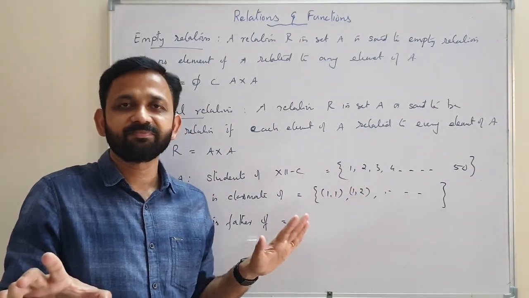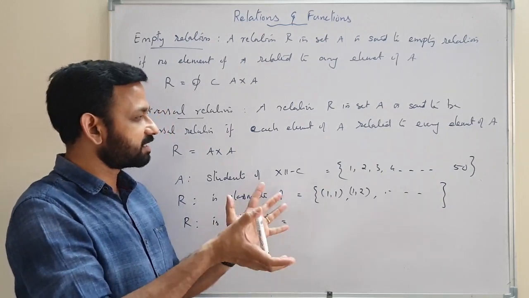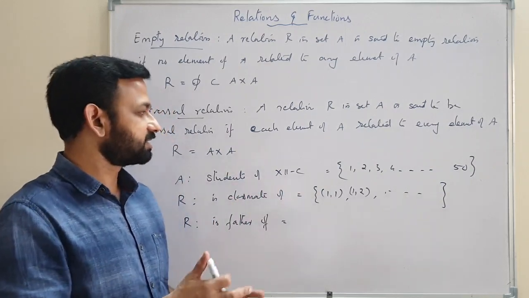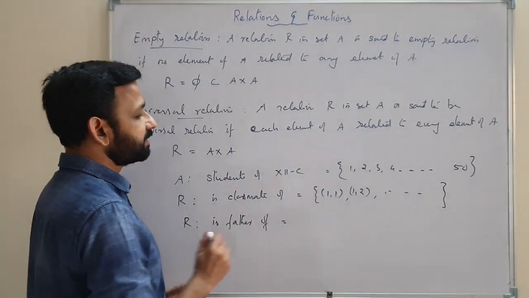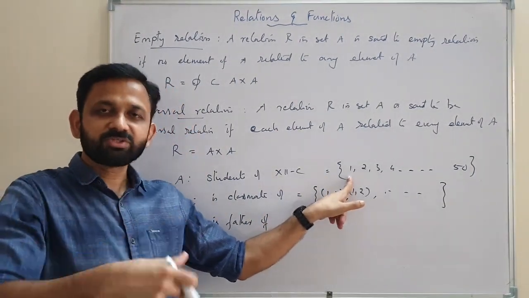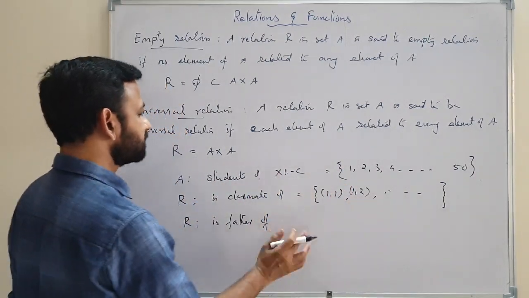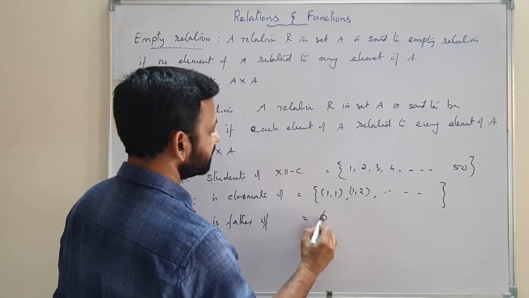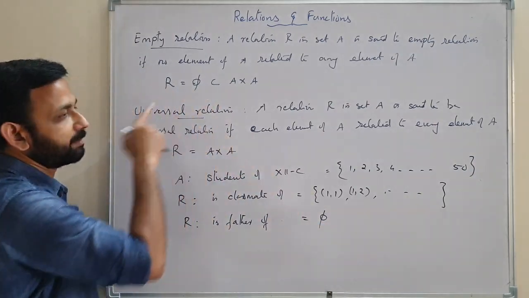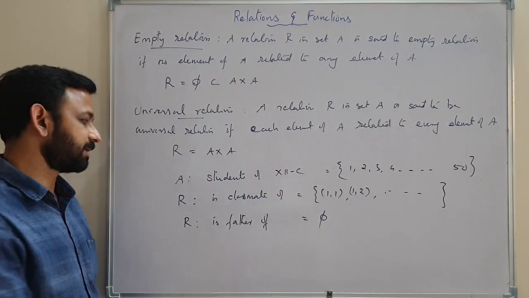It's not possible. We don't have father-son or father-daughter in 12th C. So that set is empty. We don't get any pair in which one student is father of another student in 12th C. So that is an example for empty relation. We don't have any element there.